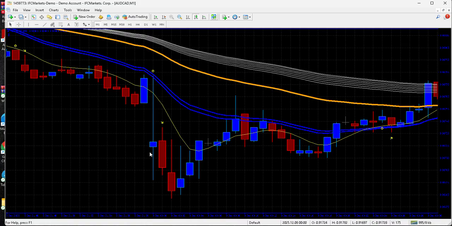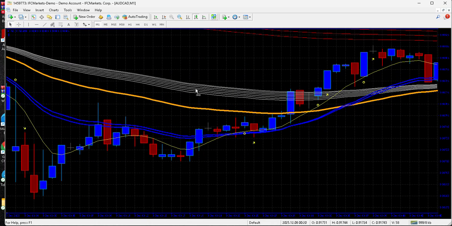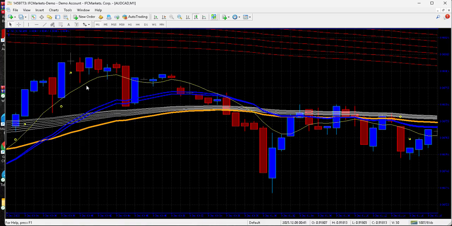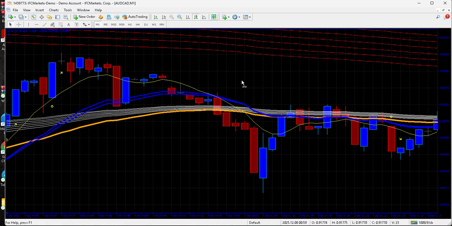Because of this candle, we would completely ignore this. Now, you could capitalize on this if you're more professional, but we're only looking to take trades going down. So we'd ignore all that.